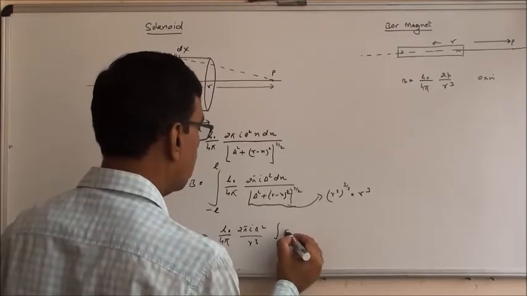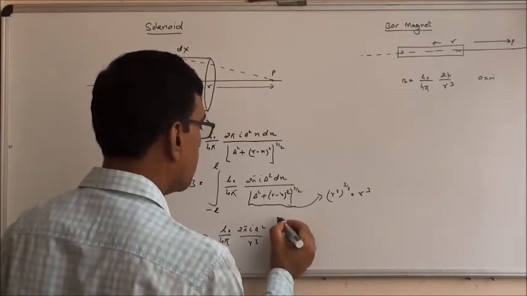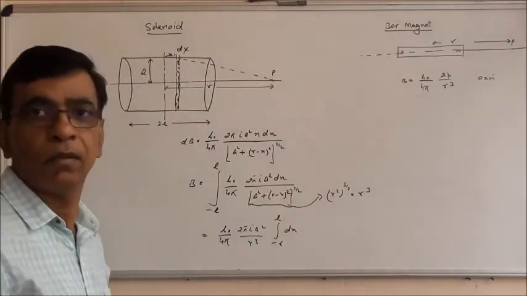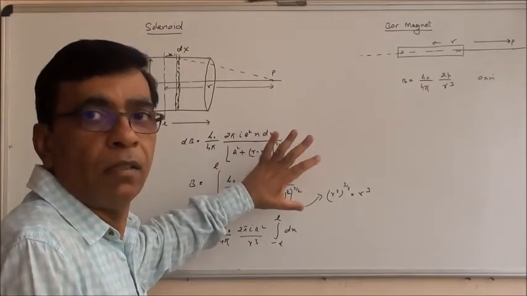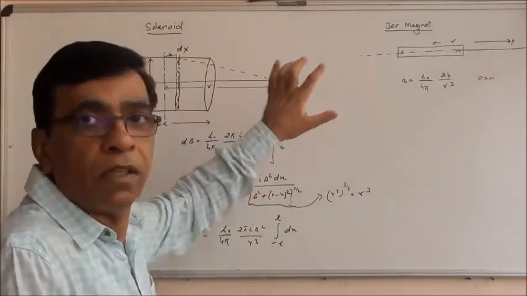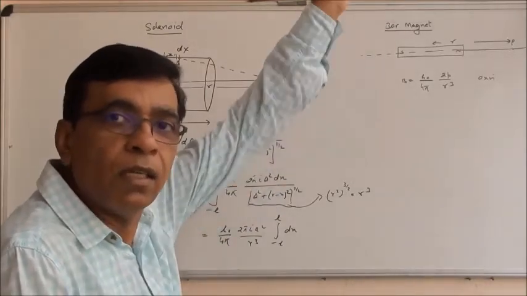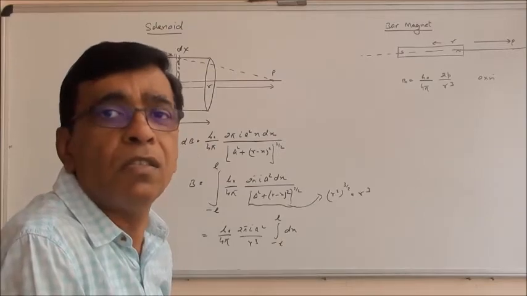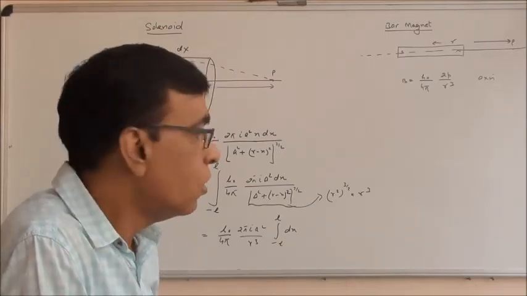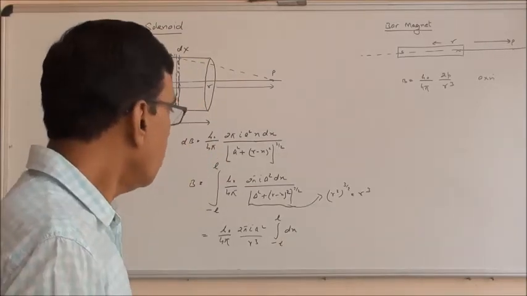Now I am left with just the integration of dx from minus L to plus L. So we are not integrating it for a finite length, finite distance and all that. We have taken that the solenoid is very long and this P is far away from the solenoid. So it is simple now.